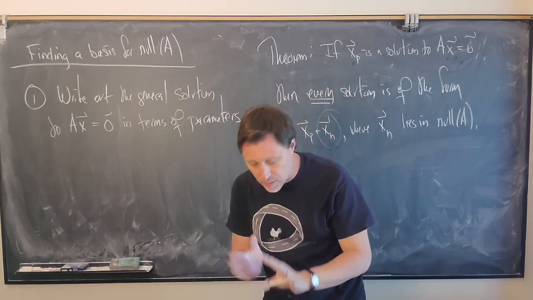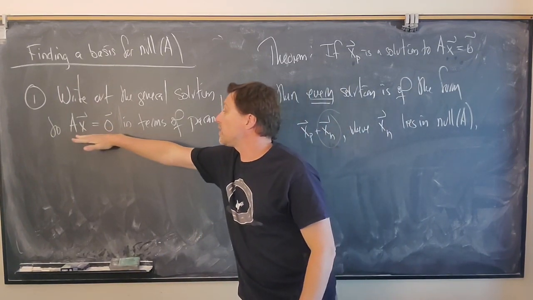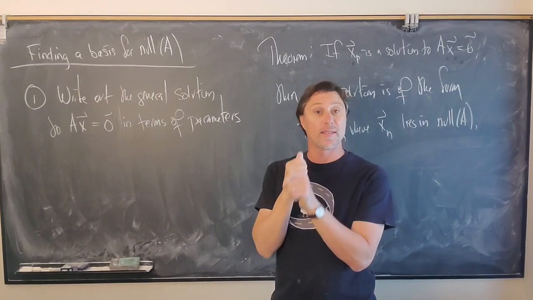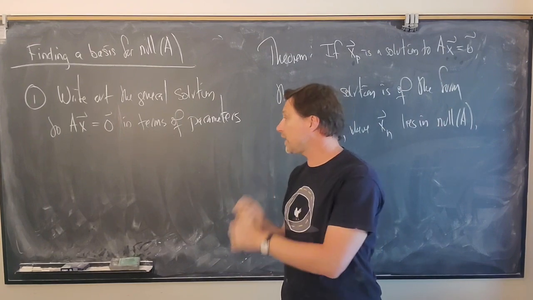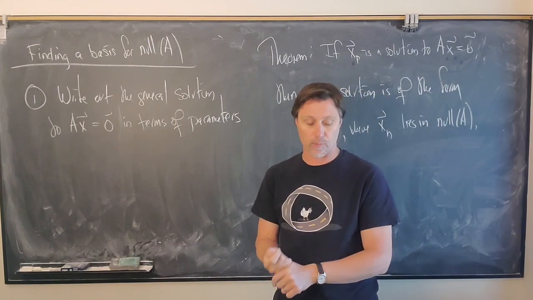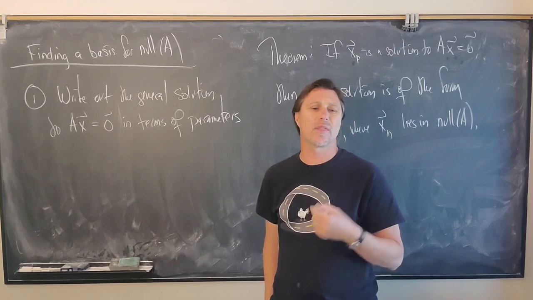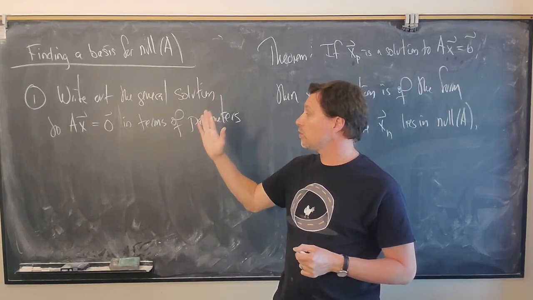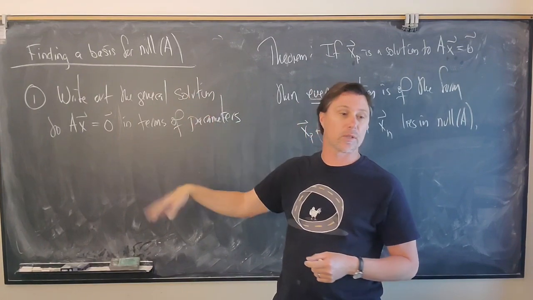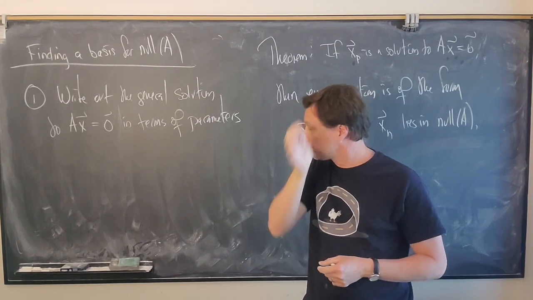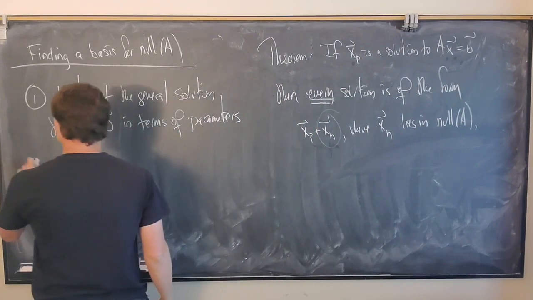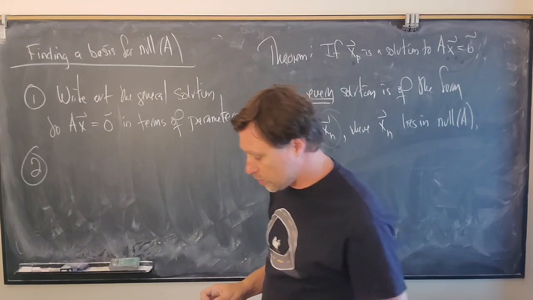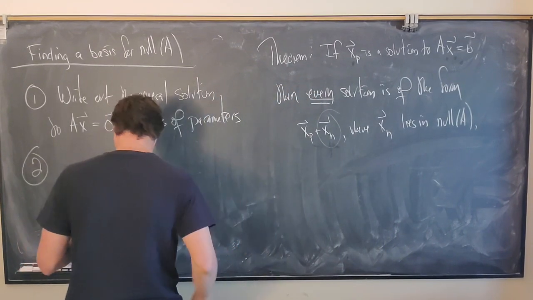Okay, we've seen this before. If you have this equation right here, do your row operations, and you identify the free variables, and for each free variable, we give it another parameter. I usually call them S and T. There might be more than that, R, S, T, and so on. So you write out the general solution in terms of the parameters R, S, T, etc. So there's step one. Step two, separate that general solution into its parameter components.